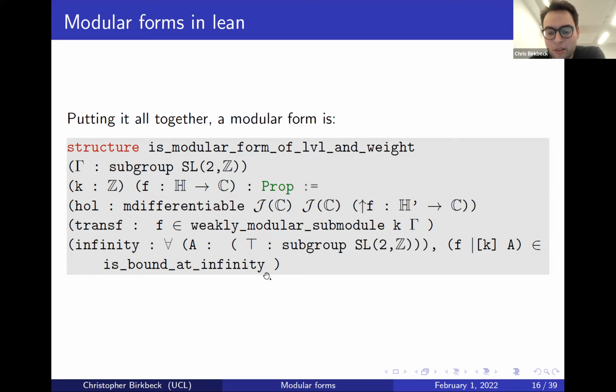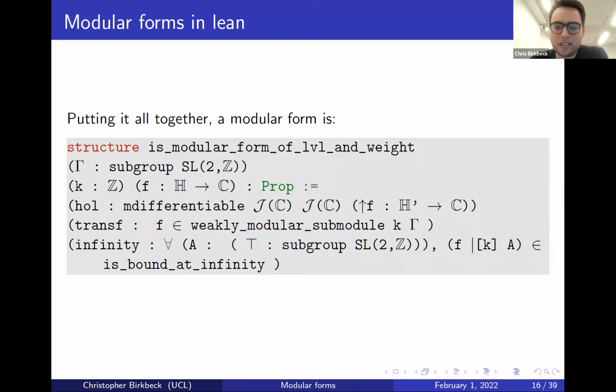Because I've conditioned over subgroups of SL2Z, I can't just write SL2Z. I have to take SL2Z as a subgroup of SL2Z. So this is what this T means. This is the top subgroup, the largest subgroup of SL2Z, which is isomorphic to SL2Z, obviously. But Lean makes this distinction, which is why it's this top here. And I just ask that this transformation is always bounded at infinity, just as we had before.